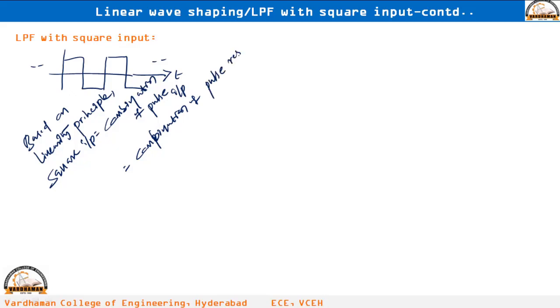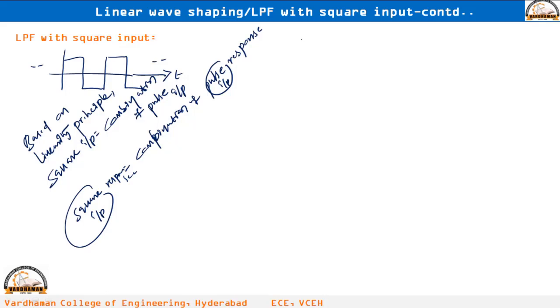Pulse response does not mean the output is a pulse. Pulse response is nothing but whatever response we get with the pulse input. So the combination of all the responses due to the pulse inputs is nothing but the square response. That means the square response is whatever response we get with the square input. That is what we have to see.